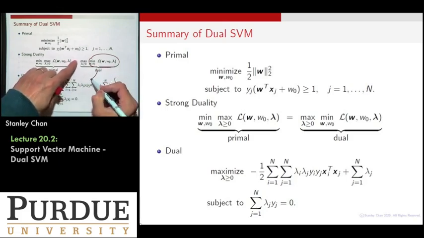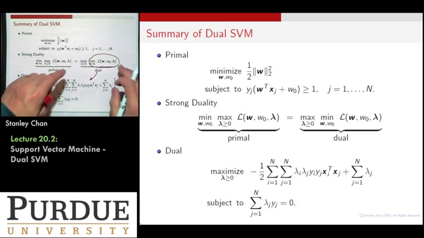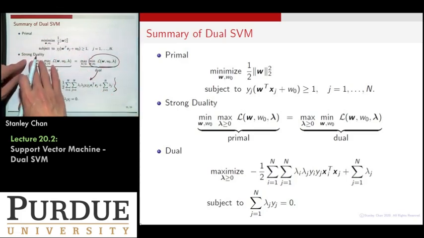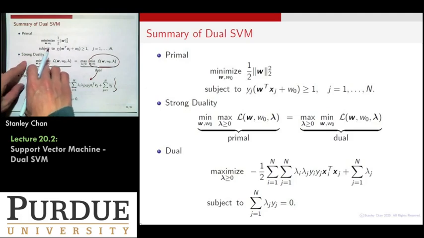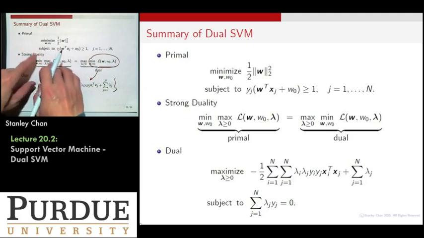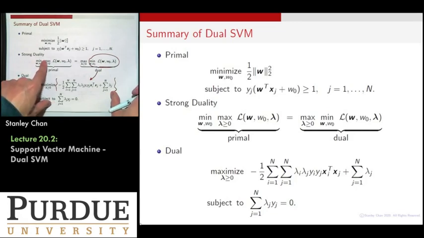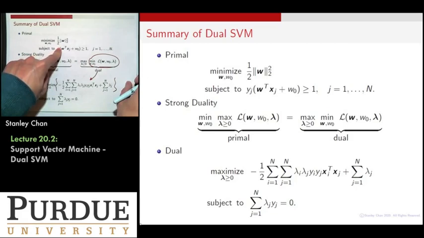So this is your dual problem, because you are solving the min first, and then you solve the max. The primal problem is that you solve the max first, and then you solve the min. That's a different problem. The two are the same because of strong duality. Strong duality holds because it's a quadratic programming problem.